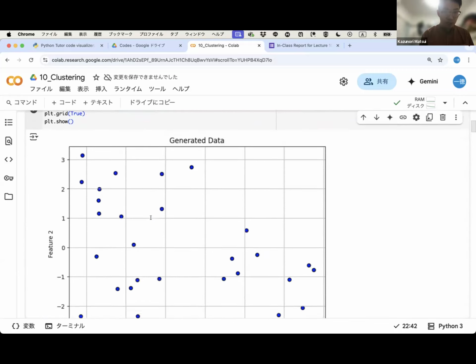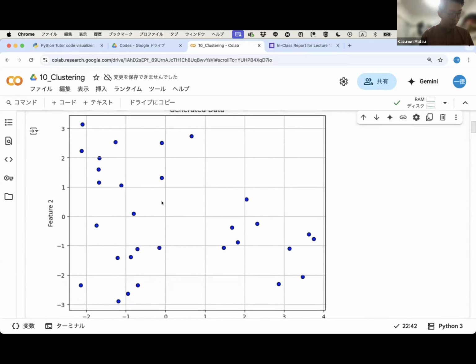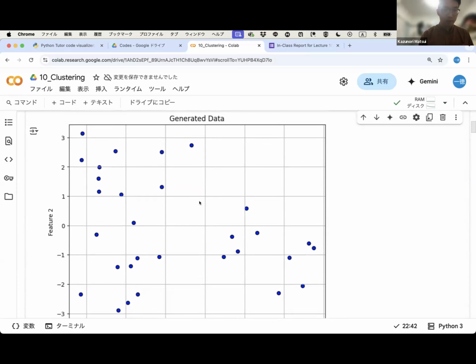Earlier, it was divided into three parts, but that wasn't by chance. We were creating that kind of data.